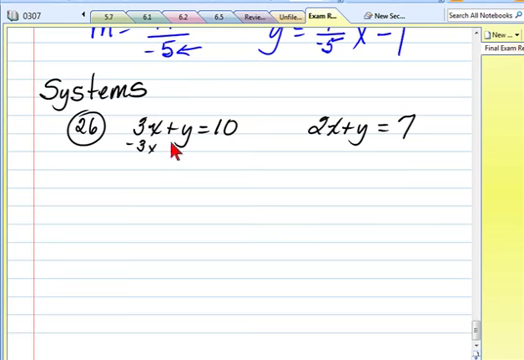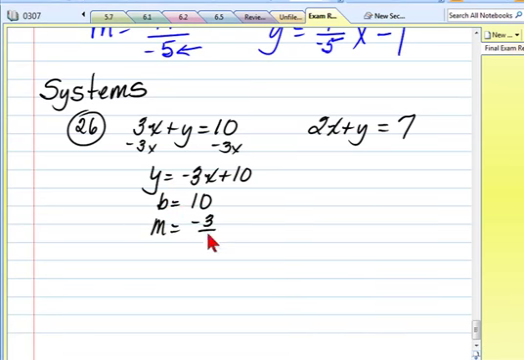All right, I'm going to subtract 3x, and I have y is equal to negative 3x plus 10. I will begin at 10, and I should move, I have negative 3 over 1, which is down 3, right 1. Now that could be a little problem on a grid because usually, oh no it won't, that's positive 10, so that's okay.